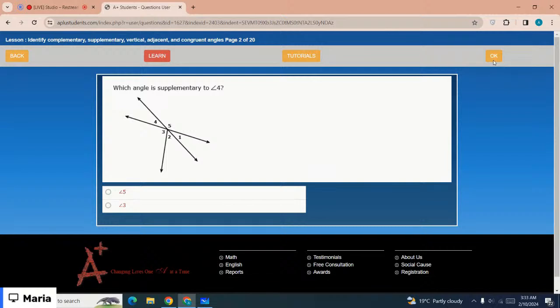So angle 5 and angle 4, when you add them, make the sum of 180 degrees. So the correct option is angle 5. Got it? Yes, they are angle 5 and angle 4.